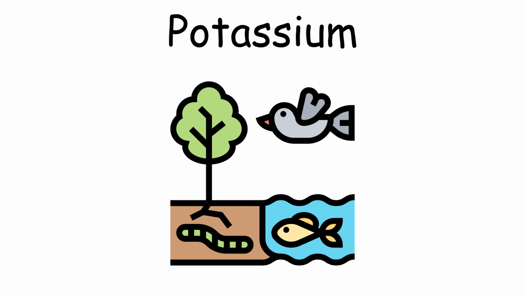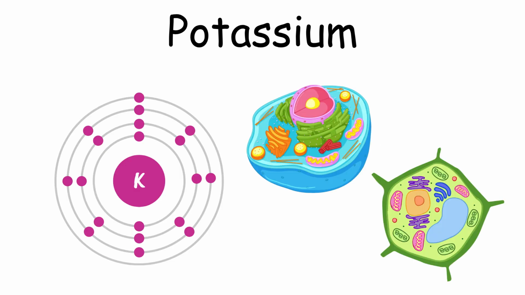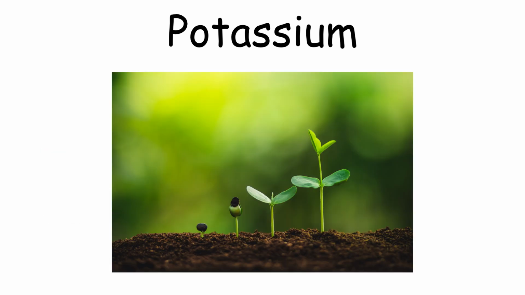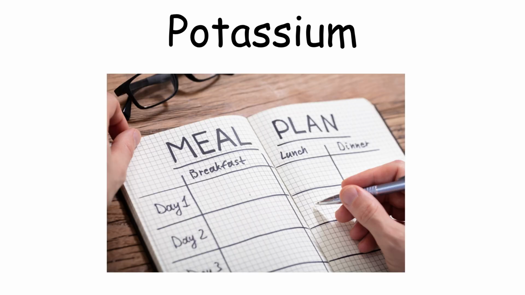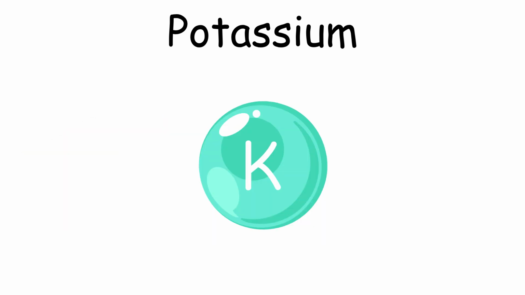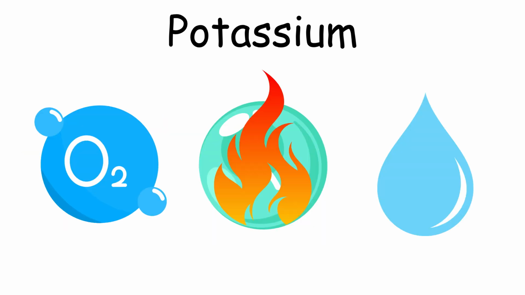In living things, potassium is necessary for the function of all living cells, influencing multiple physiological processes such as blood pressure control, fluid and electrolyte balance, and growth regulation in plants, with major food sources for people including bananas, potatoes, nuts, and bran.